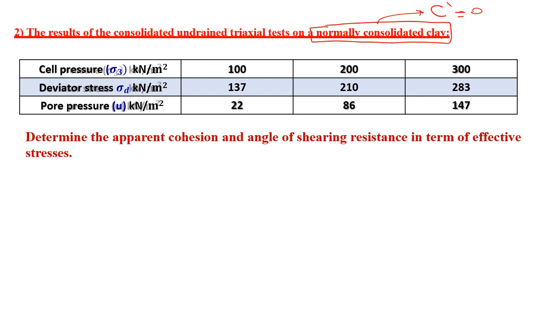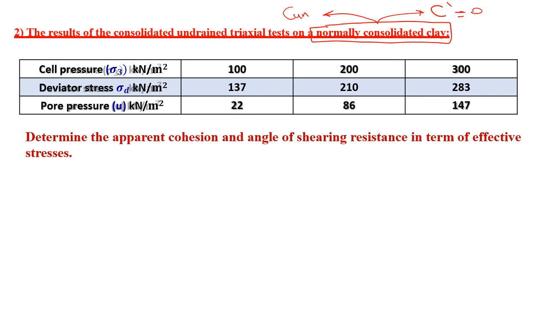However, there is a value of c undrained, which is in terms of total stresses. It may be 20, 50, 60, 100, 150 kilopascal. This is according to the state of the clay. If the clay is soft clay, the value of c undrained may be 20 kilopascal. If the clay is stiff clay, the value of c may be 80 kilopascal, and so on.